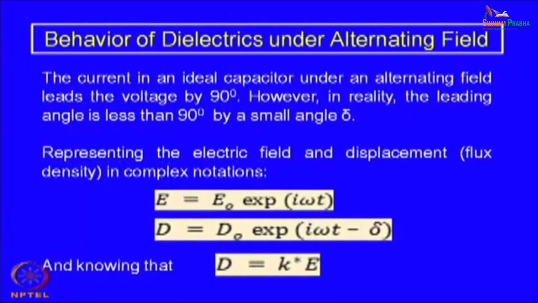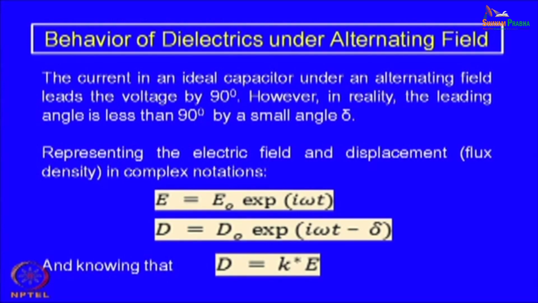Behavior of dielectrics under alternating field. We have started discussing it a little while ago, but let us look at it in a little more detail. The current in an ideal capacitor under an alternating field leads the voltage by 90 degrees. From the electrical engineering point of view, one knows that whenever there is a capacitor, the voltage and the current are not in phase with each other.